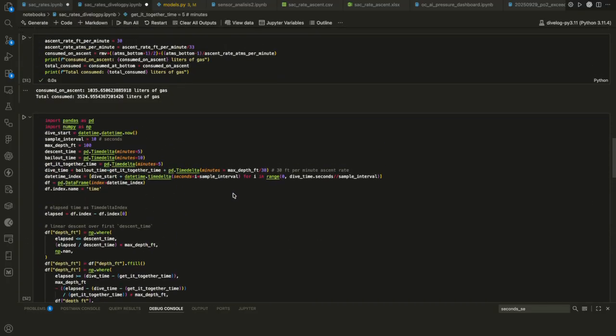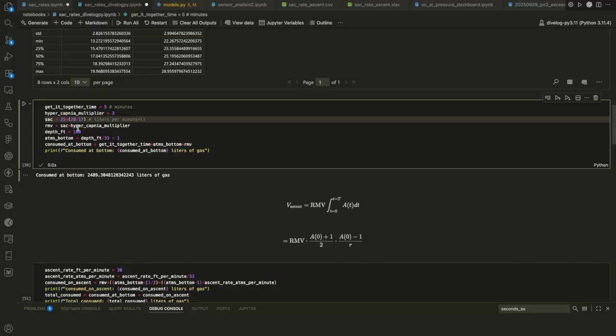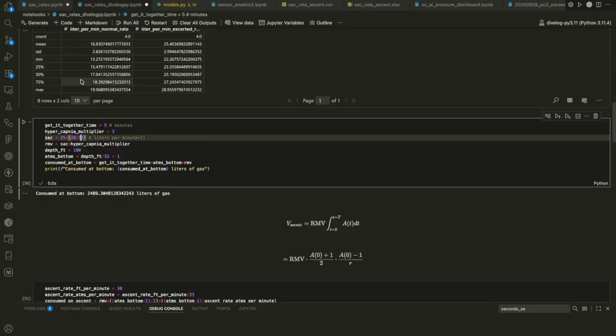The Shearwater data gave me a liter equivalent of 28, and I have a liter equivalent of 17. That's what my report gives me. So I just took the ratio of that 28 to my actual SAC rate, and I multiplied it by my exerted SAC rate.